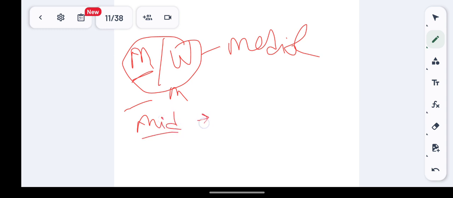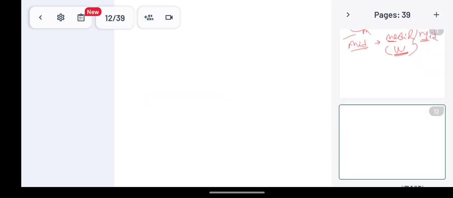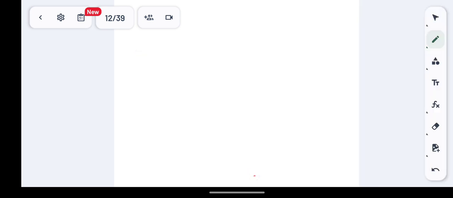So medial midbrain is called Weber's. Okay, and now coming to the pons.